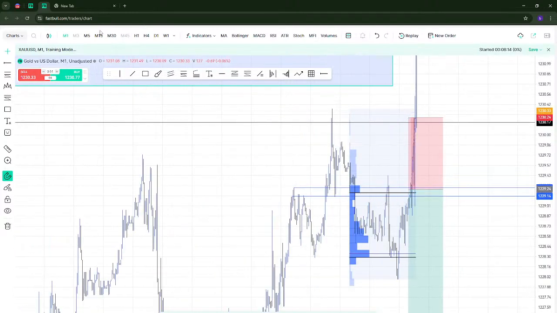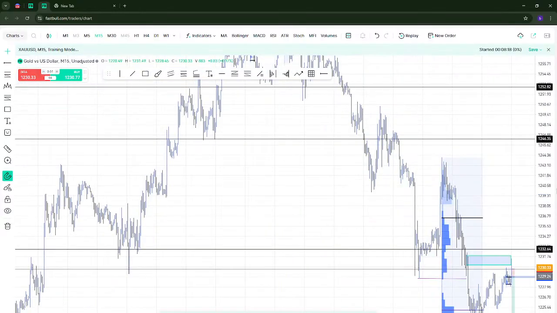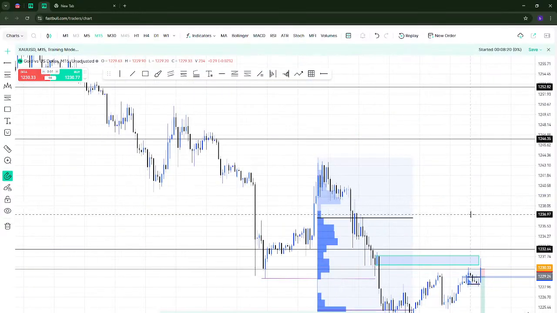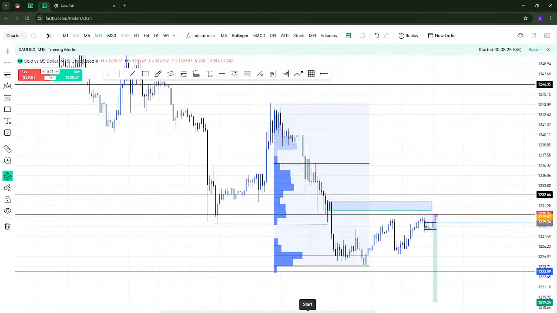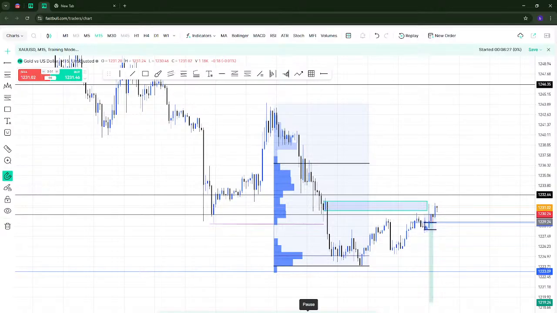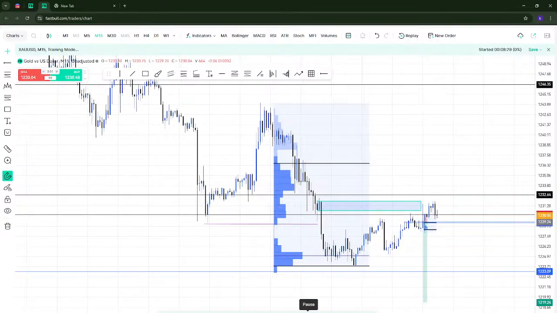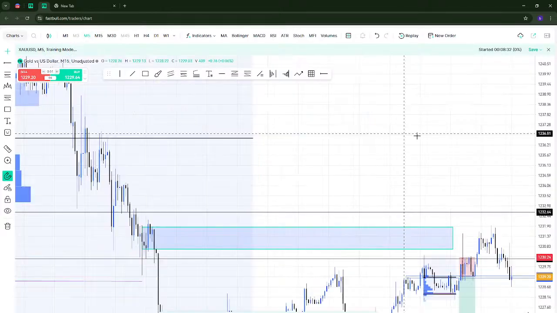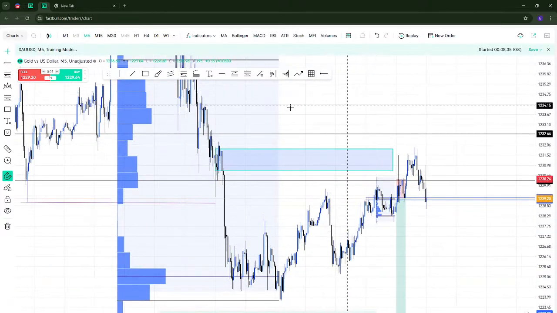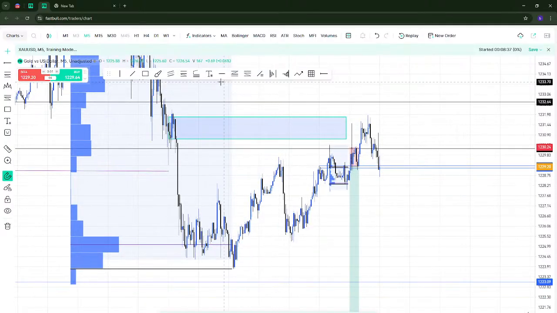Wow. Market was crazy in this area. You can see we have a liquidity.